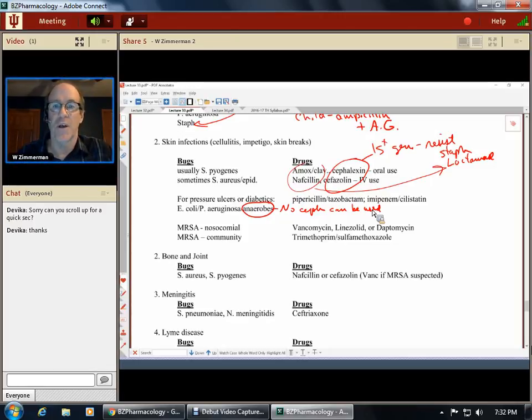Going on to MRSA. If it's nosocomial, Vanc is still the drug of choice. But you could use linezolid or daptomycin. We're trying to save those. We don't want to encourage more resistance. MRSA from the community. Depends on where this was picked up, but if it's MRSA from the community, amazingly, trimethoprim sulfamethoxazole works.